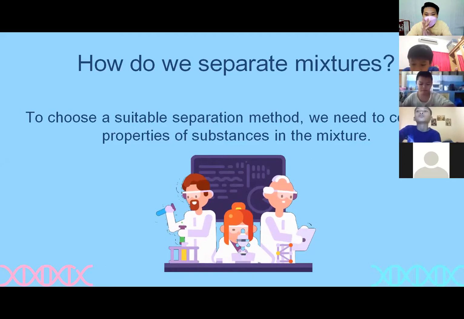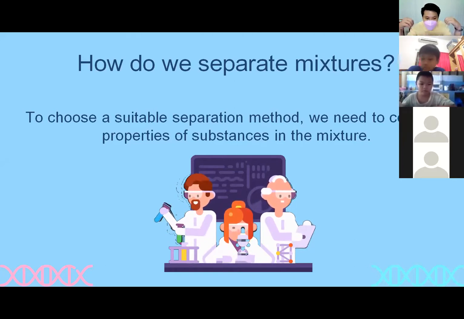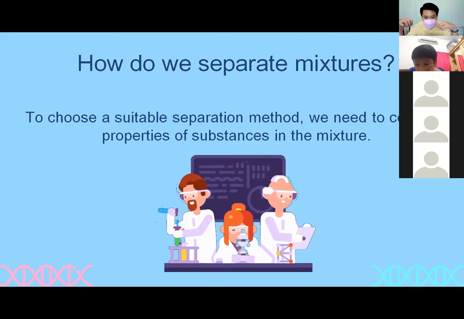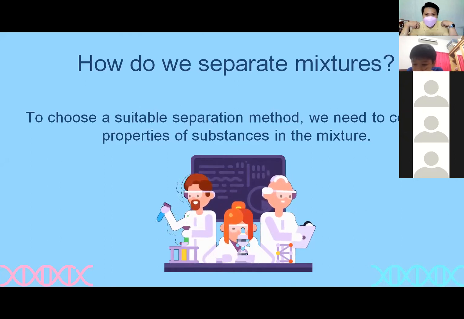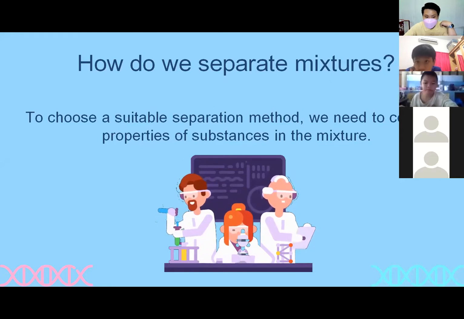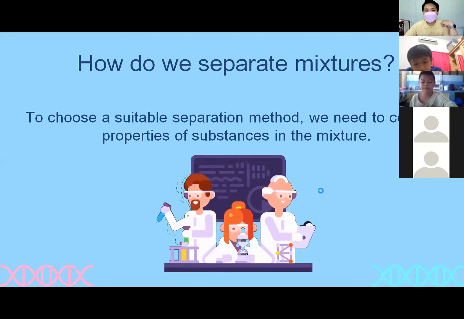But how do we separate them? We have to separate them to make it like different, solid to solid and then liquid to liquid. You understand? We have to segregate or separate them. Understand? Yes or no? Yes. Okay.